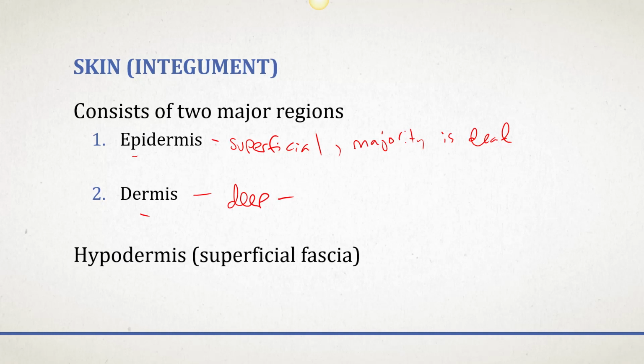So the epidermis is the superficial layer, a majority of it is dead, and there's no blood supply. The dermis is the deep layer, it's a majority of the thickness of the skin, and many of the accessory organs associated with the skin are located in the dermis. Then you have the hypodermis, also known as the subcutaneous layer.